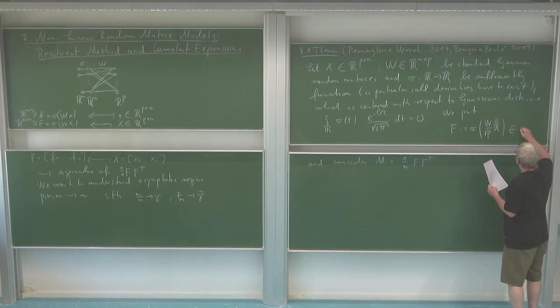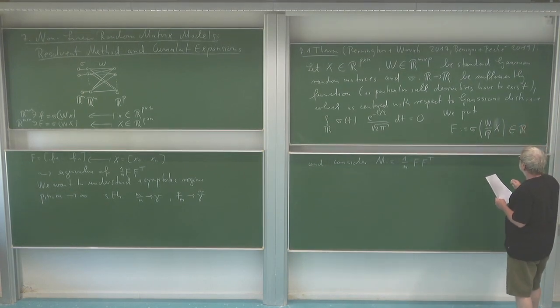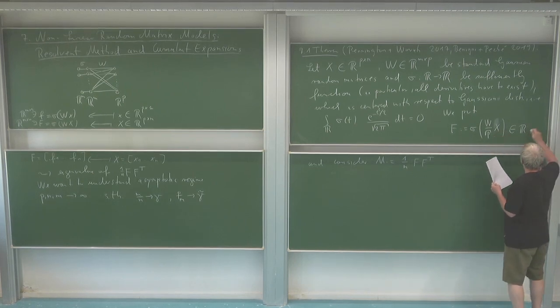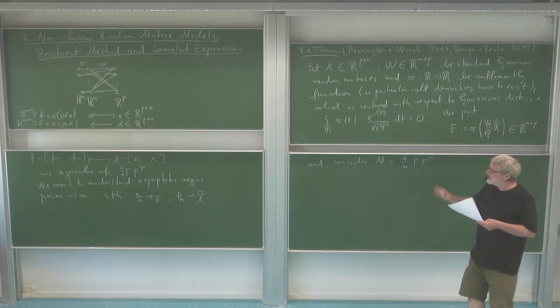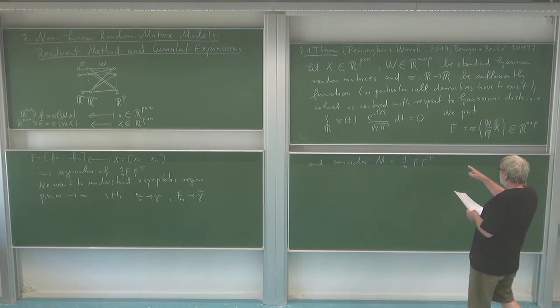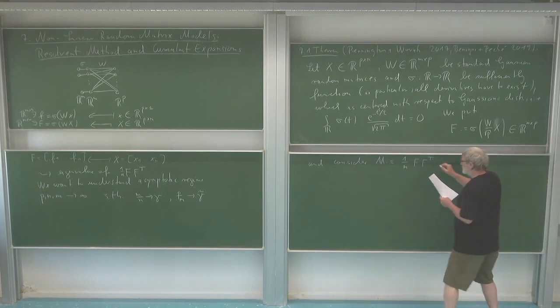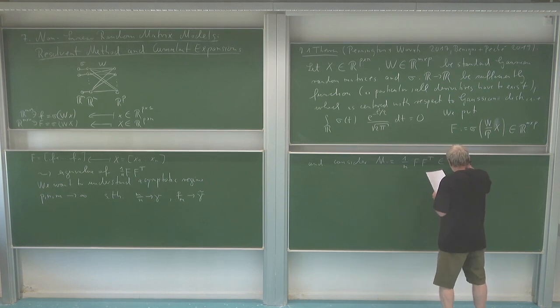F is a matrix where we start at P and we end in M, so it's an M times P matrix. And then if I multiply F with F transpose, I get an M by M matrix. Okay, so this guy here is an M by M matrix.